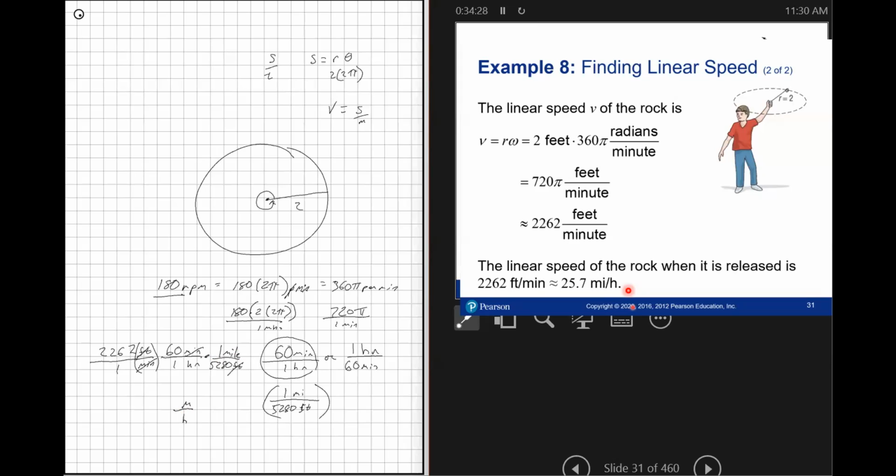The speed unit is miles per hour now. And all I have to do now is multiply 2262 times 60 and divide it by 5,280, and that'll give me the number of miles per hour. And they rounded it to 1 decimal place, which is 25.7 miles per hour.